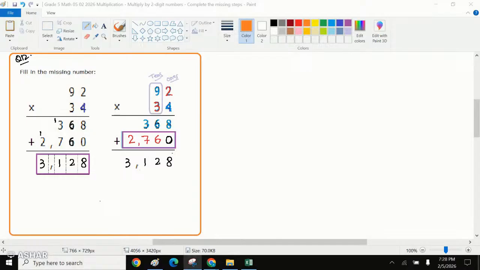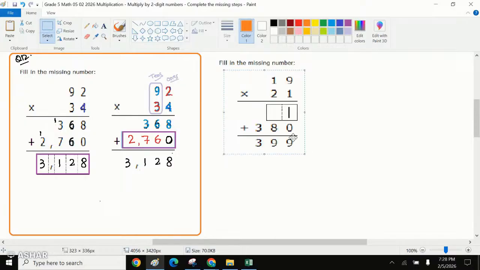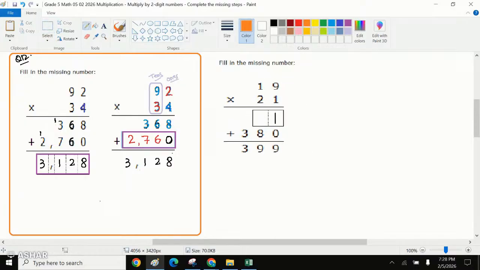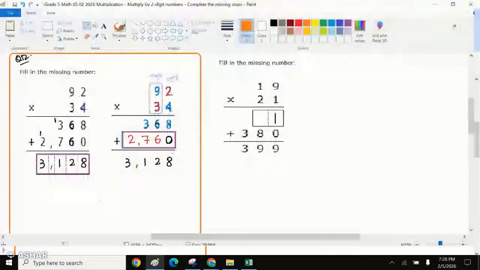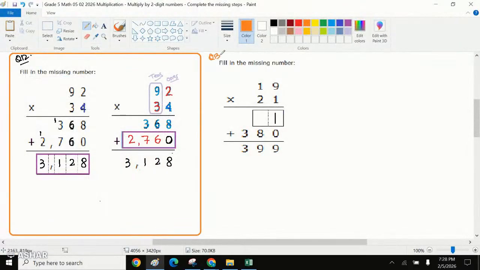For the next question, if I say fill in the missing numbers, question number 13. See, one thing we need to see over here, that second row unit position is 0 for every question, right?